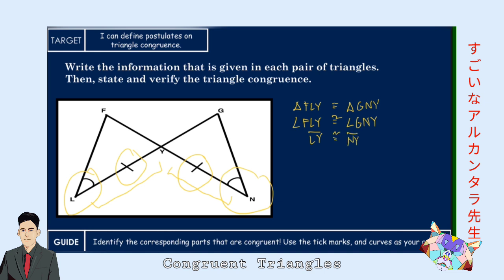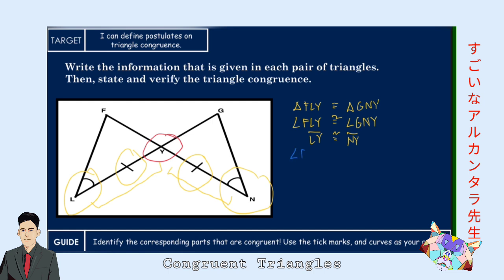One more thing here, you might be thinking, sir, what else is congruent there? This is something we mentioned in our previous lesson in terms of parallel lines and a transversal, but this takes place with any intersecting segments or lines. LG, the entire thing, and FN intersect at Y, hence forming what we call vertical angles.